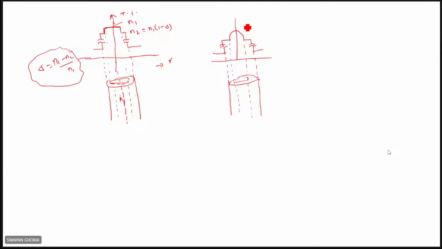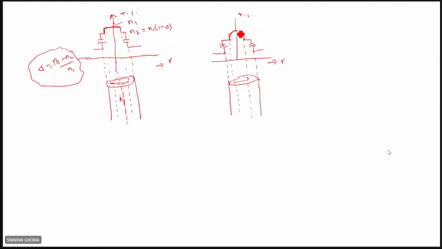This is the refractive index and this is R. So you see here the refractive index is not constant. You see it is varying. Some profile is there, right?